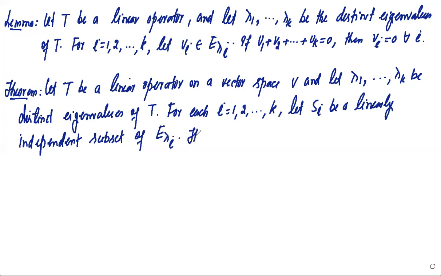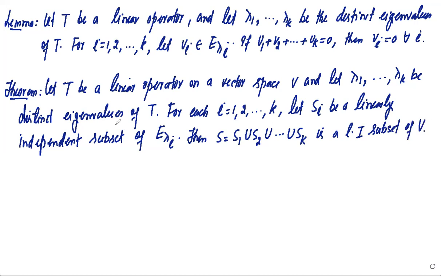Then the set S, which is equal to S1 union S2 union so on union Sk, is a linearly independent subset of the vector space V. In fact, let Si be a finite linearly independent subset.